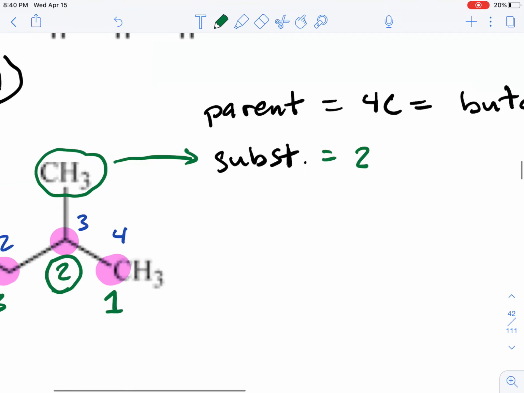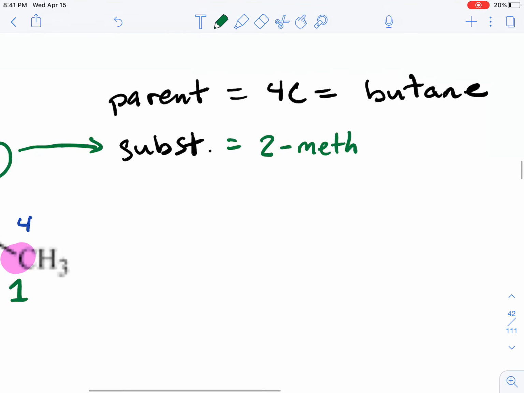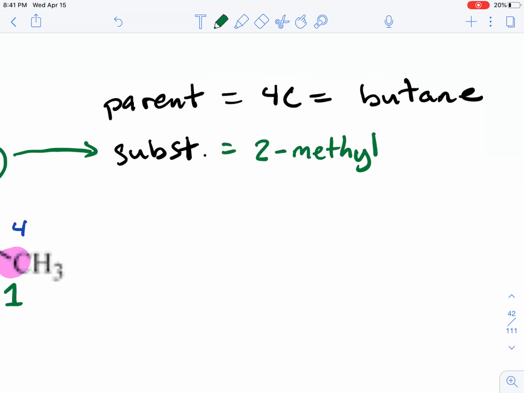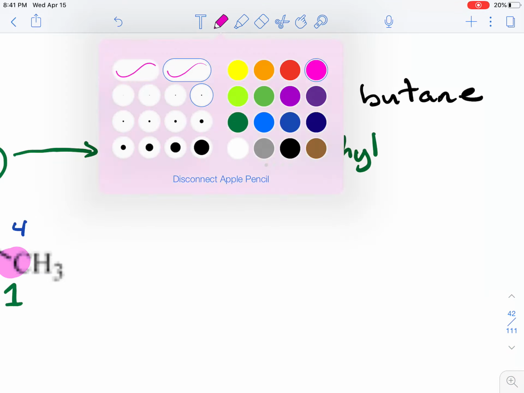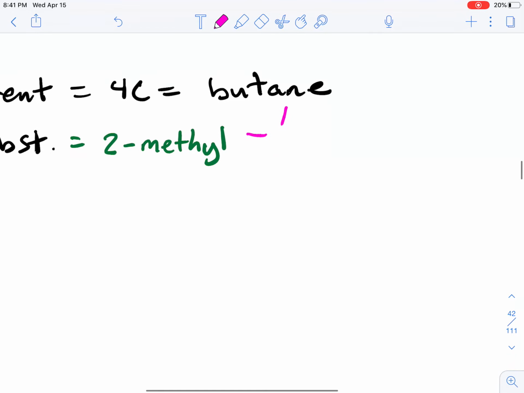And since I have a 1 carbon substituent, that's going to give me meth. And since it is a substituent, I'm going to add in yl. And so now that I have all of my pieces, I can go ahead and combine them.